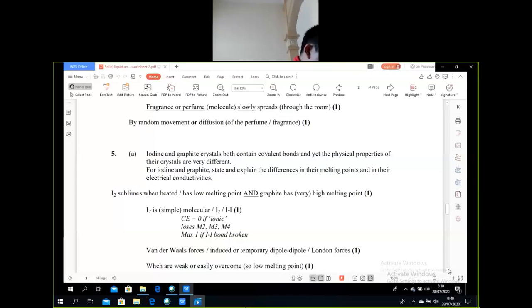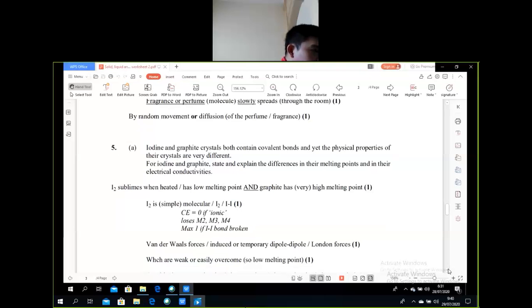If it has a high melting point, then the intermolecular forces in graphite are stronger than the intermolecular forces in iodine. Iodine has very weak intermolecular forces compared to graphite. And iodine has a simple molecular structure, while graphite has a giant covalent network.